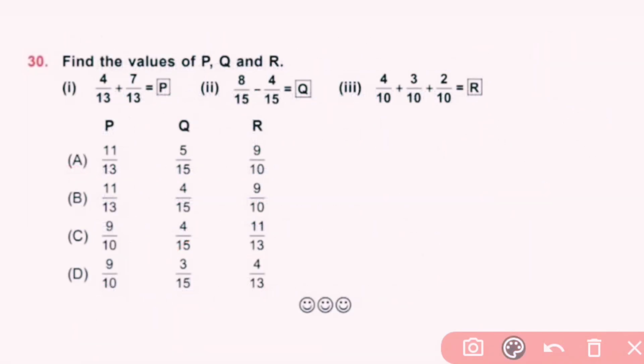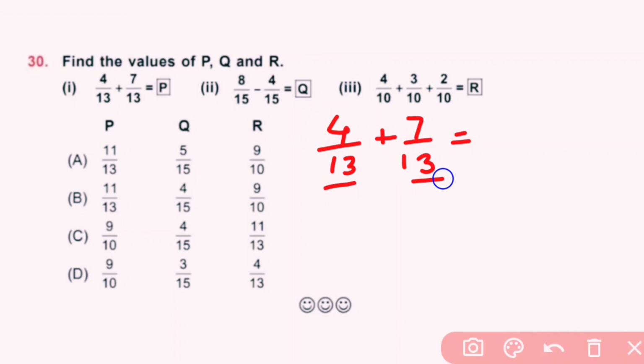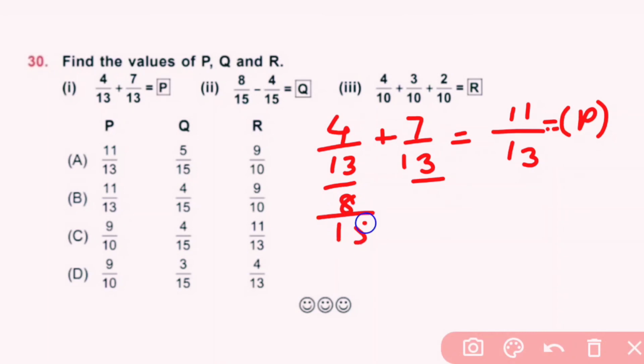Question number 30. Find the value of P, Q and R. Option A. 4/13 plus 7/13 is equal to P. Here denominator are same, so we can directly add 4 plus 7. 4 plus 7 is 11/13 is P. Second is 18/15 minus 4/15.